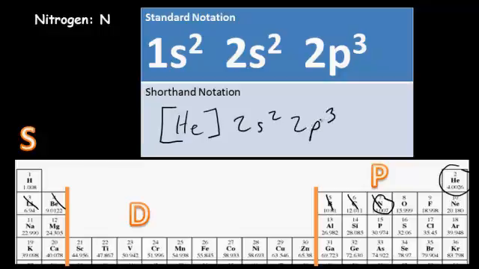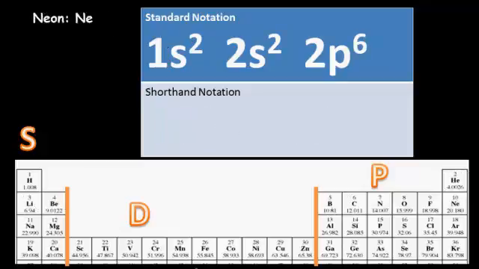This is a shorthand version. We just basically eliminated the 1s2. You say, well, all we eliminated was 1s2. But you could imagine when we get way down farther in the periodic table how it would save a lot of writing.